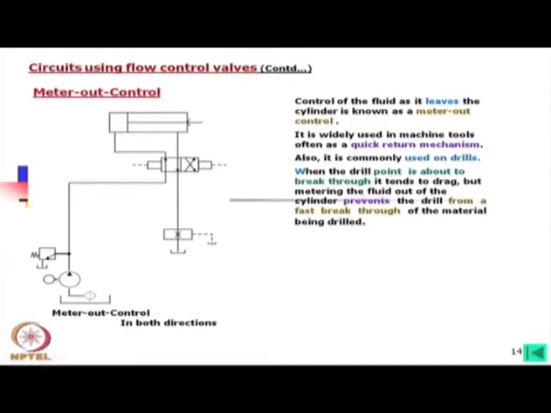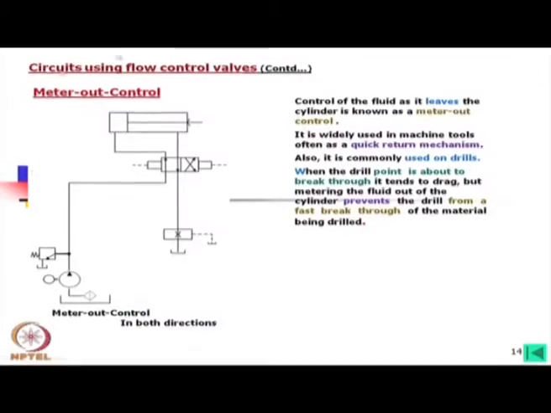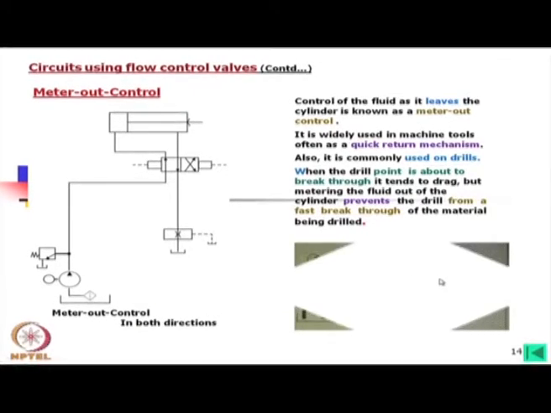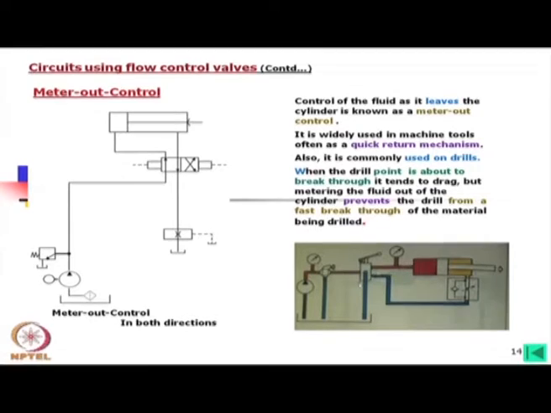So, usually we should have better knowledge of the material removing process by drill. In that case, what happens when it gets stuck is that there is a back force on the drill. So, this can be controlled in a better way by meter out. Now, this is again a meter out circuit.